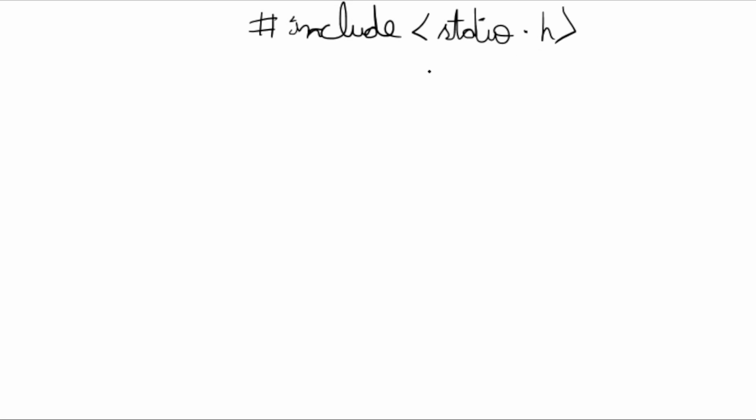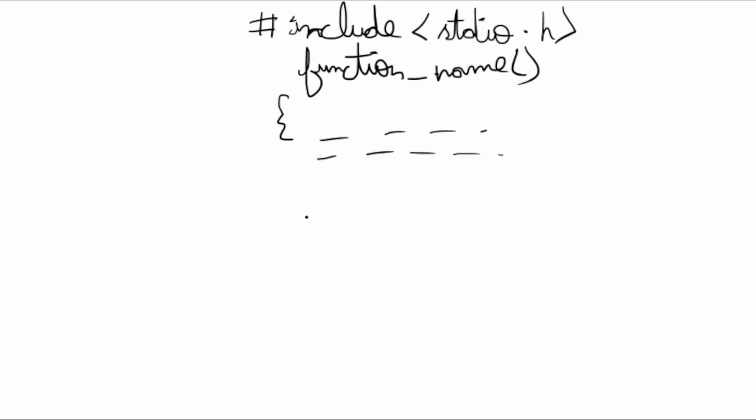Okay, you have to give a function name, so you can write any kind of function name, and any variable or data type you can take. After that, you have to define a function. Here onwards, you have to define a function. Okay, bracket close.